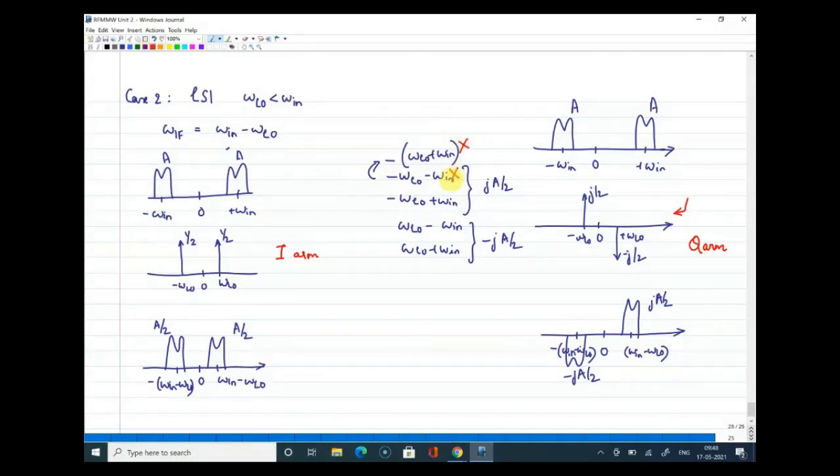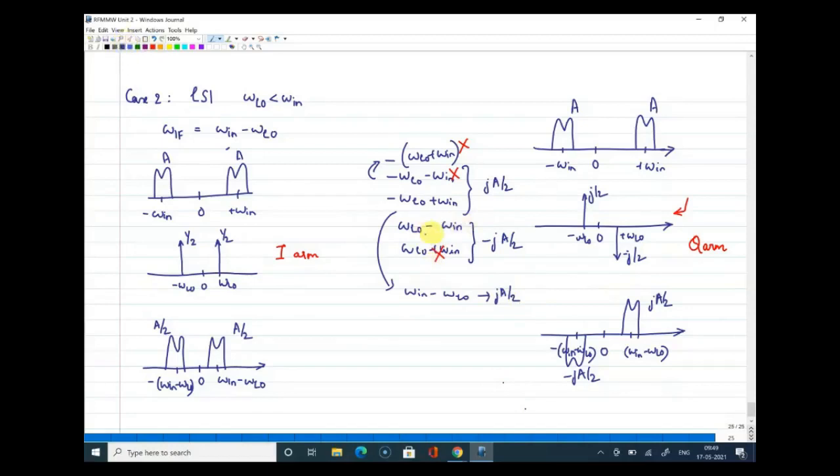Now, since my intermediate frequency is of the form omega in minus omega LO, if I modify this in this way, if I take minus common, it is omega LO minus omega in, but I want to write it the other way, which is the same as omega in minus omega LO, having an amplitude of jA by 2. The last component I am just neglecting, I am not looking at that.